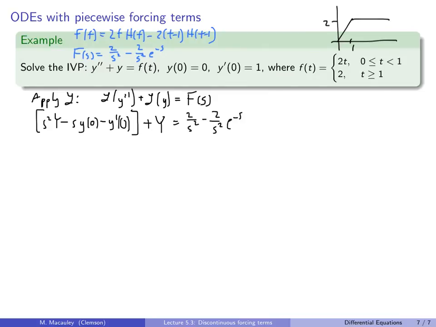Remember that this initial condition is 0, so that's going to kill off this term, and this is 1, so that's going to be 1 right there.